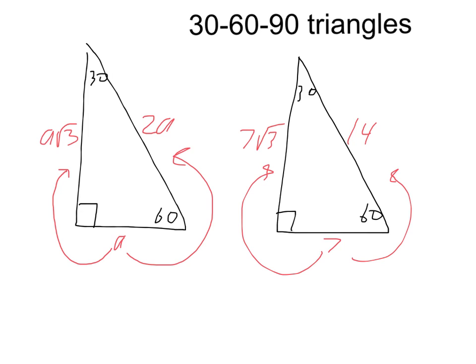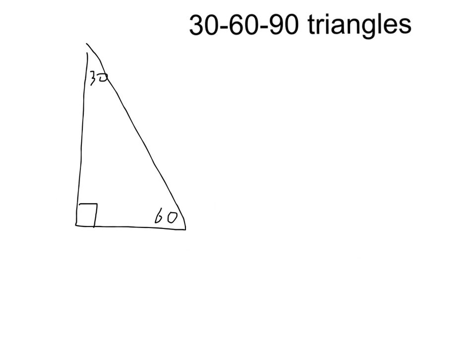Let me clear this out here. Let's say I gave you that the long leg was 10 rad 3. You could work backwards. So long leg to short leg is divided by rad 3, right? If we multiplied by rad 3 to go from short leg to long leg, to go from long leg to short leg we divide by rad 3.